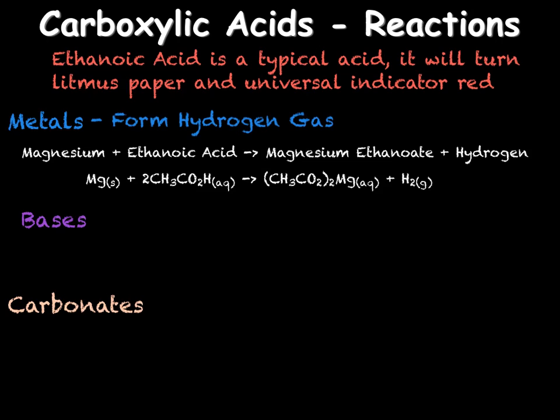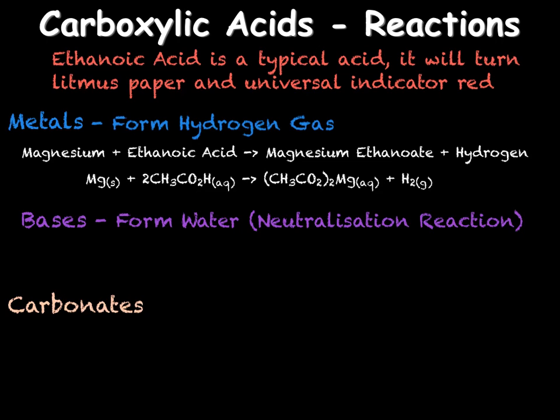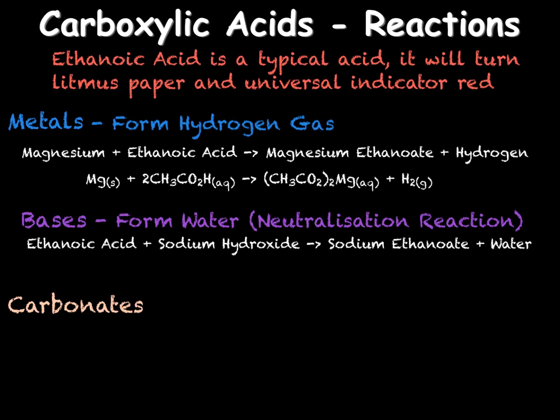With bases, carboxylic acids will form water in a neutralization reaction. So here we have our ethanoic acid plus our sodium hydroxide, which forms sodium ethanoate and water. The balanced symbol equation is as follows.